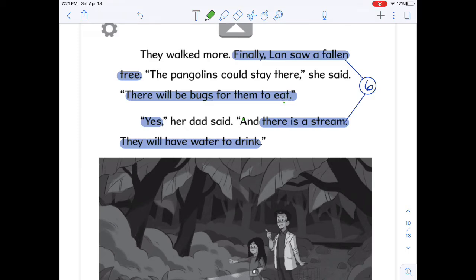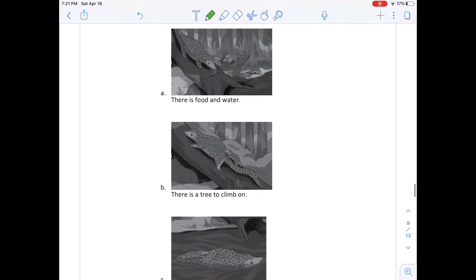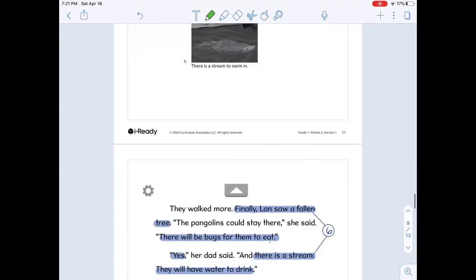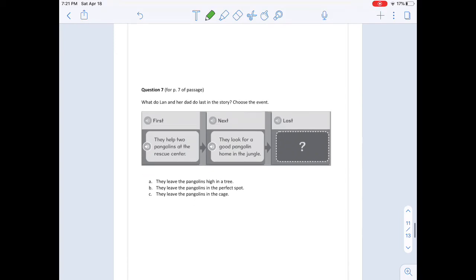"Yes," her dad said, "and there is a stream. They will have water to drink." I think we found our answer. Those are 2 great reasons. There is food and water, and animals have to have both of those, don't they? Just like we do. Good job.